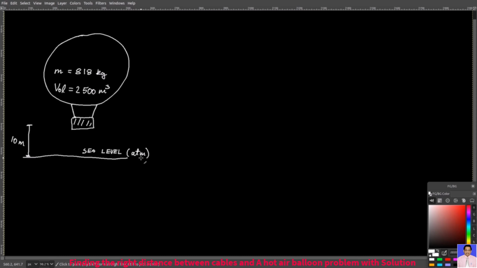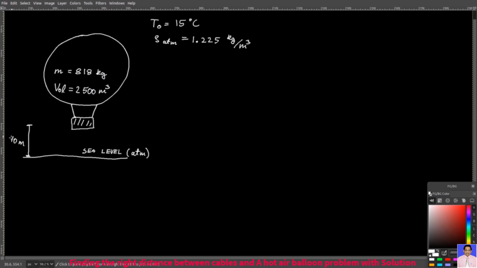In other words, ATM. So it's not on top of, I don't know, Mount Everest or somewhere else. It's at sea level. Let's say that outside the temperature is 15 degrees Celsius and the air density at sea level is 1.225 kilograms per cubic meter.